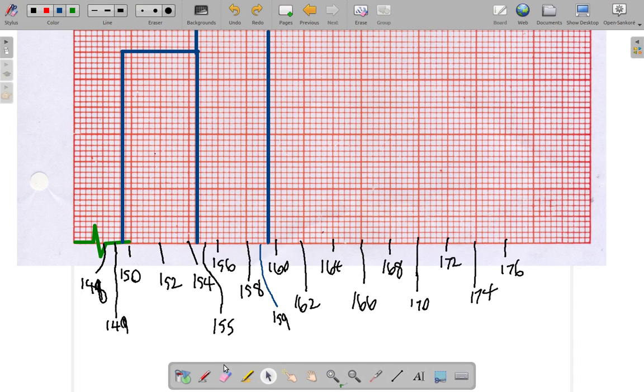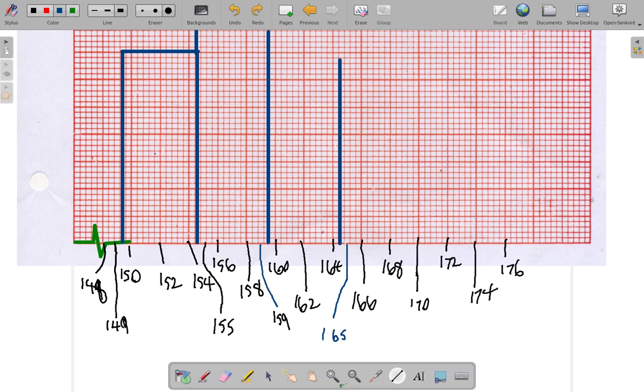This is 164 here, 165 would be here. This is 165. 164.5 is halfway between 164 and 165.